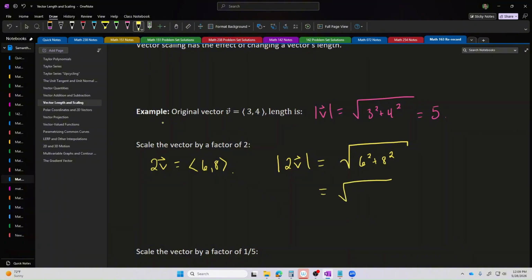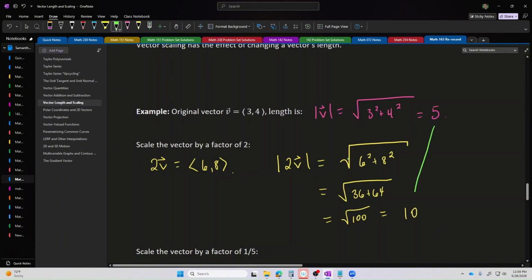So this is the square root of 36 plus 64. This is the square root of 100, and that is 10. Something I want to observe is that when we scale the vector v by a factor of 2, the result was that the length also got scaled by a factor of 2.